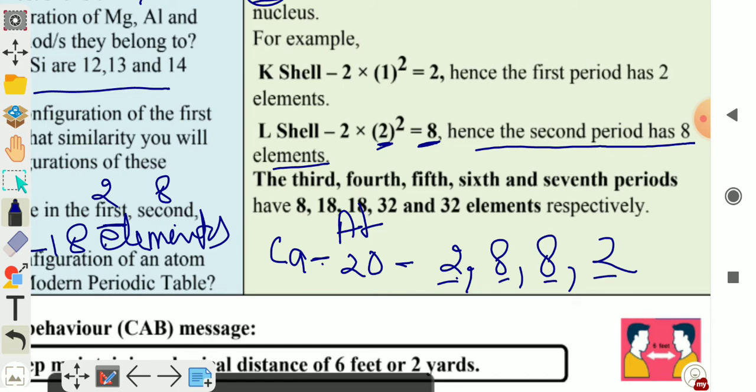So it will be placed in the fourth period, while the outermost orbit contains 2 electrons. It means it has 2 valency electrons, so it will be placed in the second group. Valency electrons show the group of the element, while the number of shells present in the electronic configuration shows the number of the period. Thanks for watching.